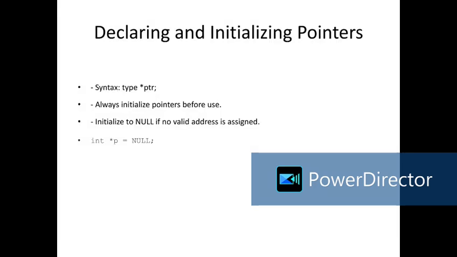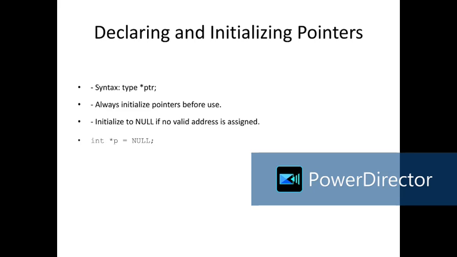Declaring and initializing pointers. It is important not just to declare pointers, but to initialize them properly. Uninitialized pointers are dangerous. They are called wild pointers, and they can point to random memory and cause crashes or corruption. A good practice is int *p = NULL. This is safe initialization. If you don't yet have a valid address, use NULL.